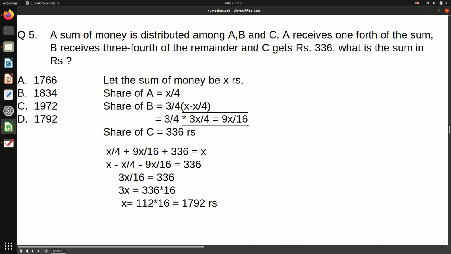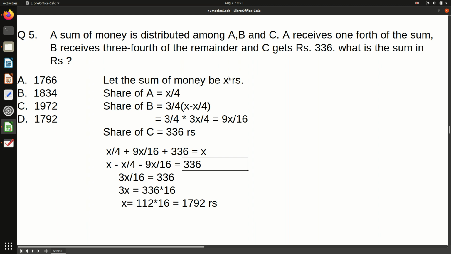And the share of C is just 336 rupees, so directly we had written. Now we have to find the sum. That sum we took as X, so we have to find the value of X. Now we have to go in reverse.